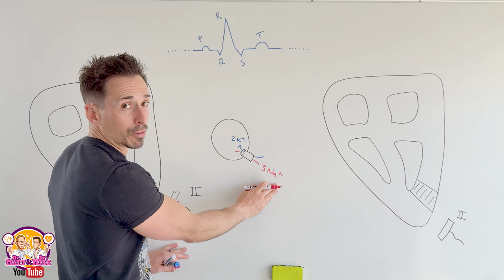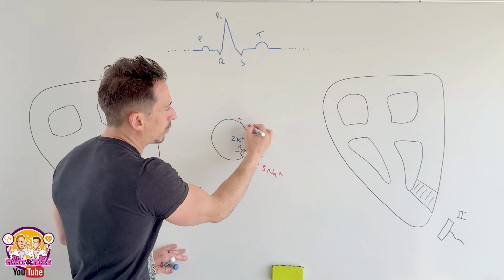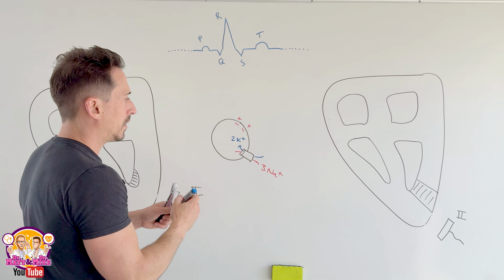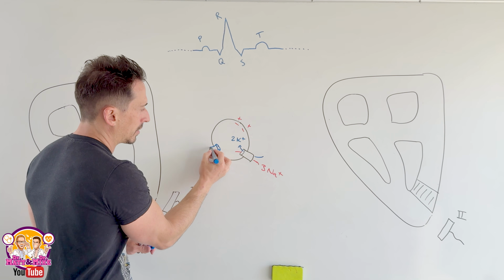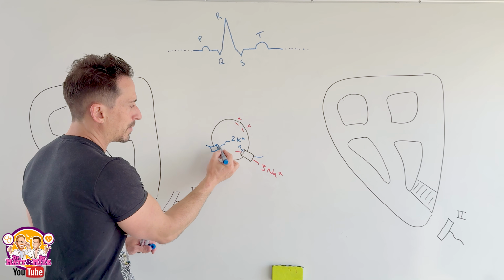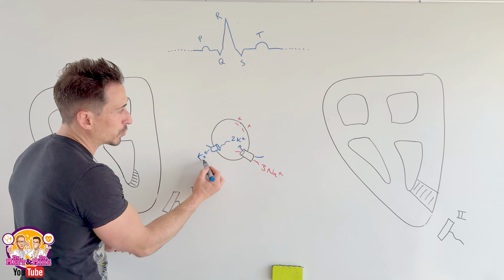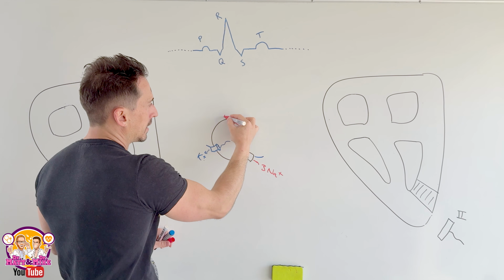Now have a look at that. 3 positive things have been thrown outside, 2 positive things have been thrown inside. So the outside starts to get a little bit more positive compared to the inside. But we also have some potassium channels that are a little bit leaky, right? So the lid's open a little bit and the potassium can leak out a little bit, carrying the positive charge with it, making the outside even more positive compared to the inside.